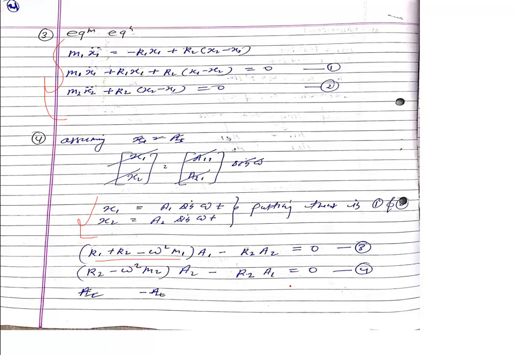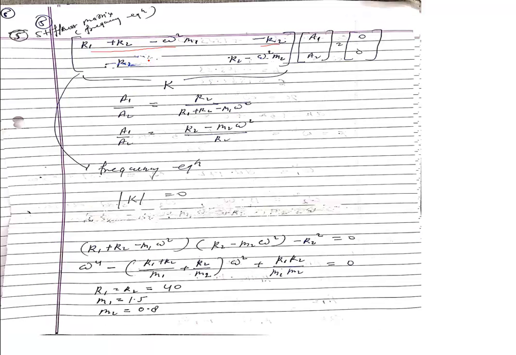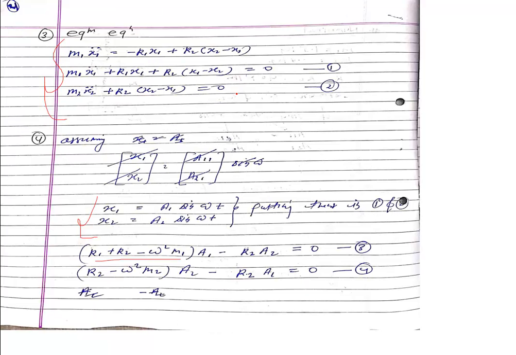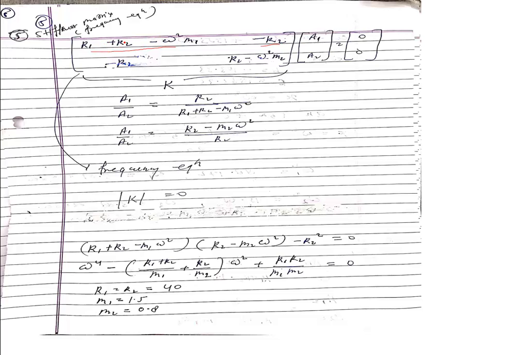So we can write, for a1, this multiplied by this minus k2 multiplied by a2 equals 0, and minus k2 multiplied by a1 plus (k2 minus omega square m2) multiplied by a2 equals 0.